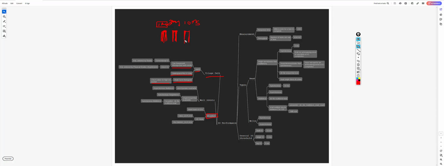So this is where we can isolate the outliers, right? If a particular IO or set of IOs are taking 1 second to respond, then we need to target this 1 second IO response time.